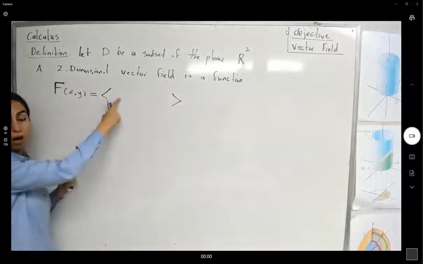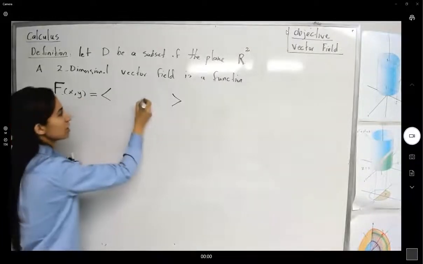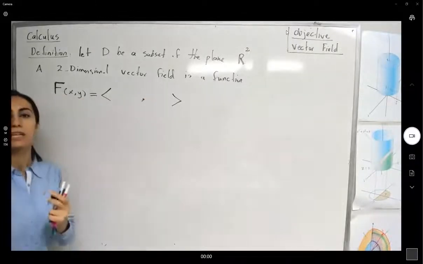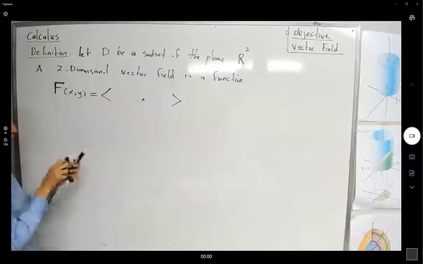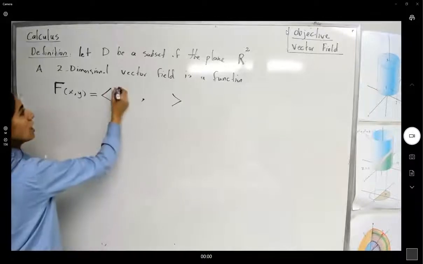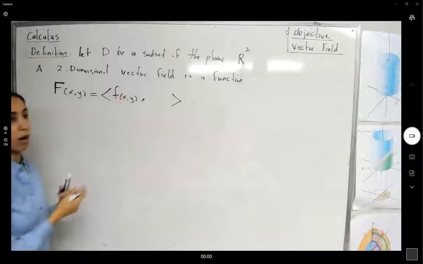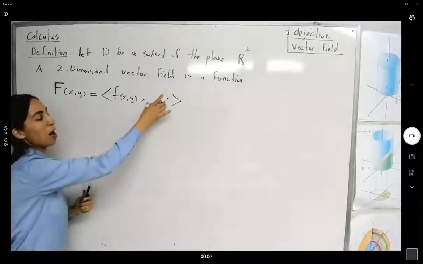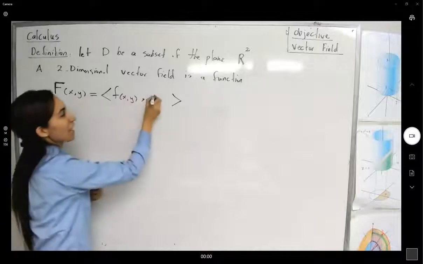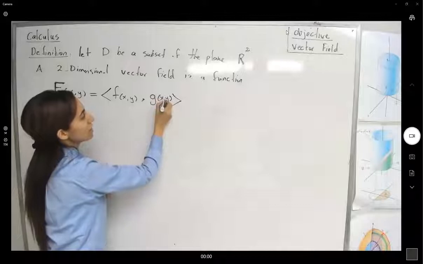The very first component of this function as a vector is a real valued function, f of x comma y. And the second component of this vector is another real valued function, g of x and y.